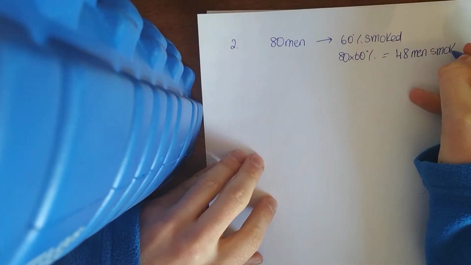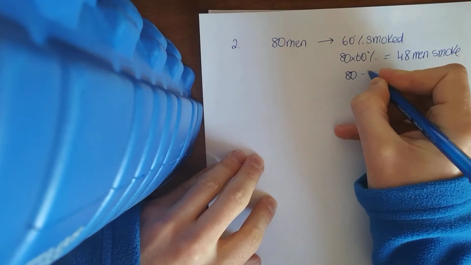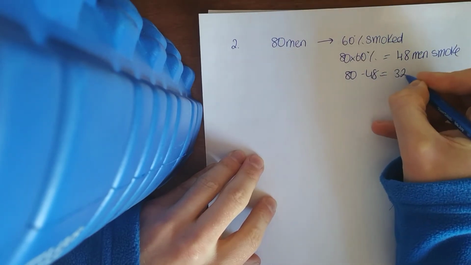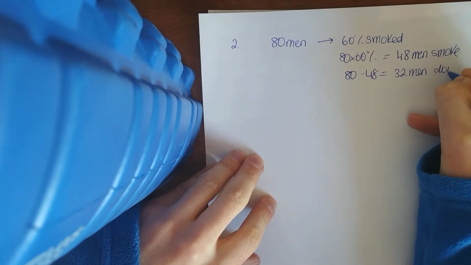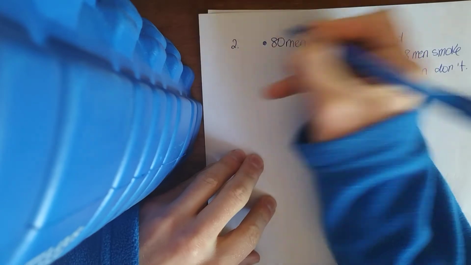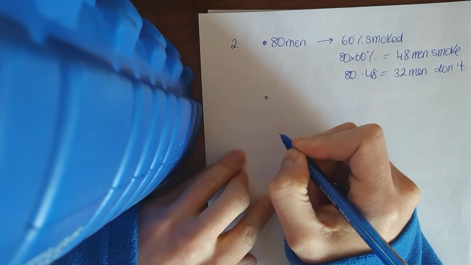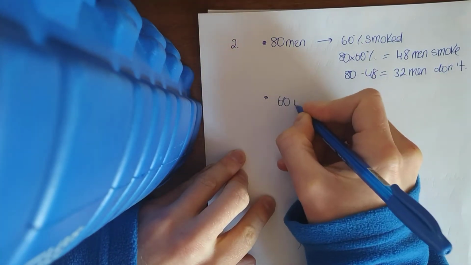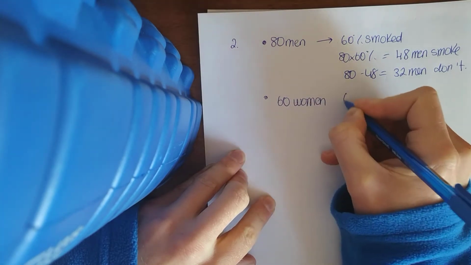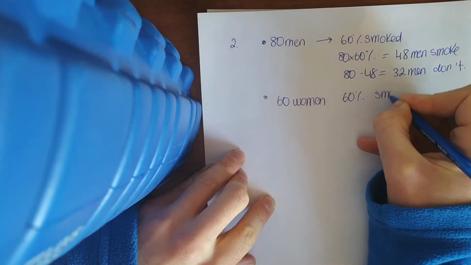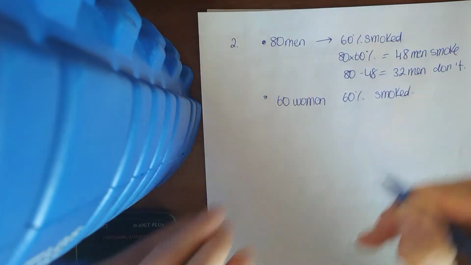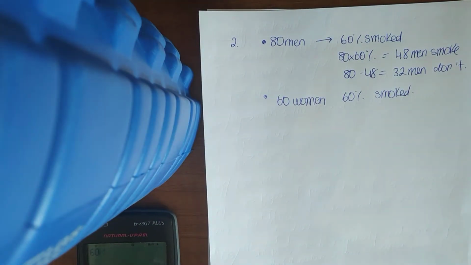48 men smoke. Therefore, 80 minus 48 is what, 32 men don't. So work out all the information we can from that sentence. Same there for the women. There's 60 women and 60% smoked. So again, throw that in your calculator and you should get 36.